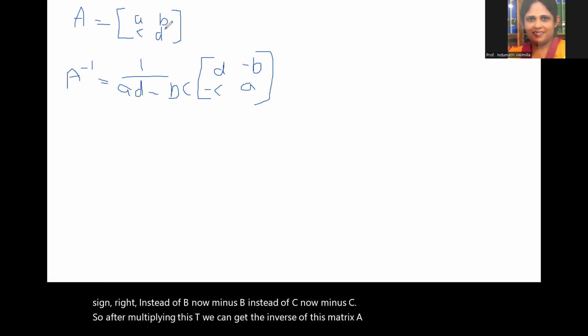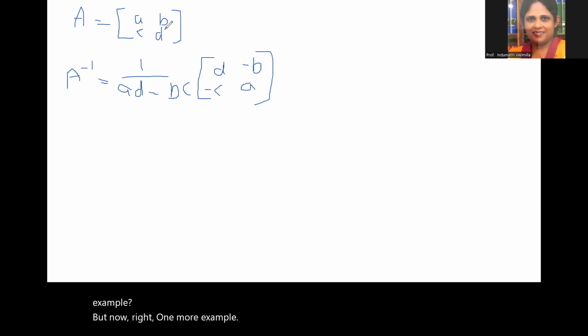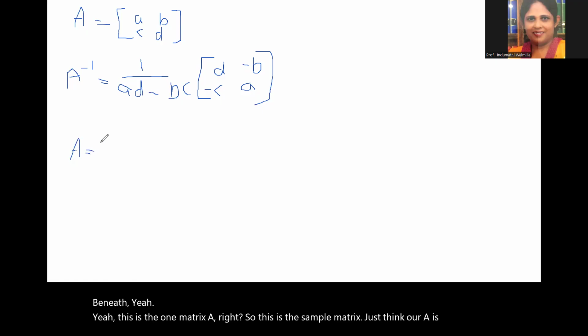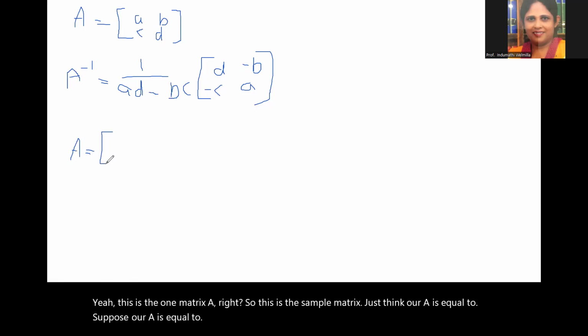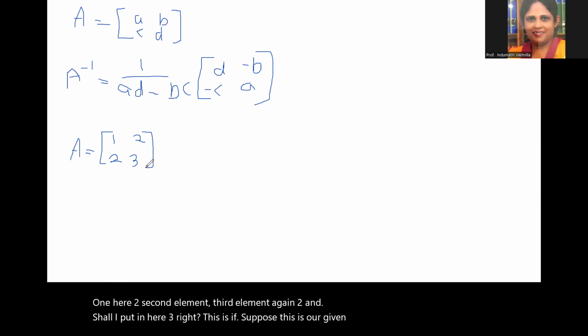Shall we do one more example now? This is a sample matrix A. Suppose our A is equal to 1, 2 in the first row, and 2, 3 in the second row. If this is our given matrix, how can we get the inverse?